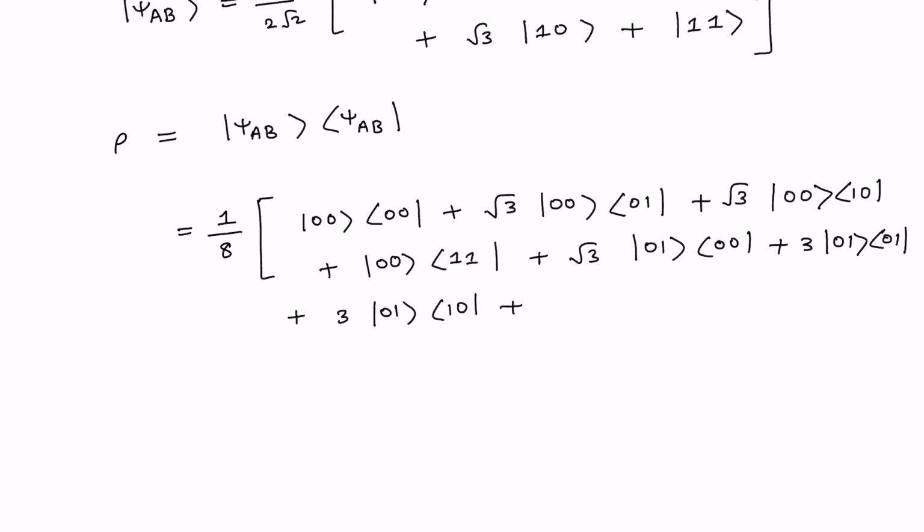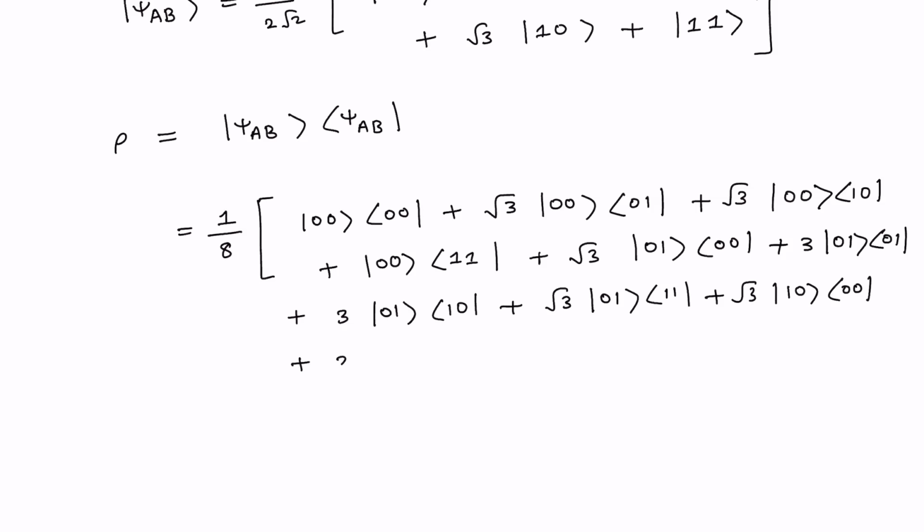I will urge you to work it out along with me. You just pick up your pen and paper. You should be able to do it. Then root 3 |01><11| plus root 3 |10><00|.